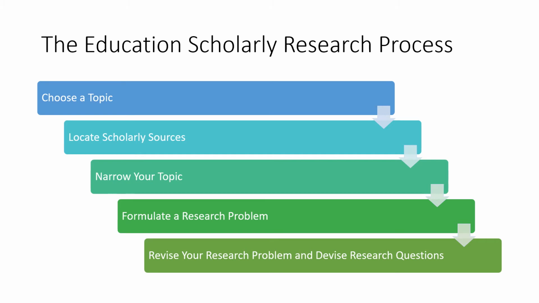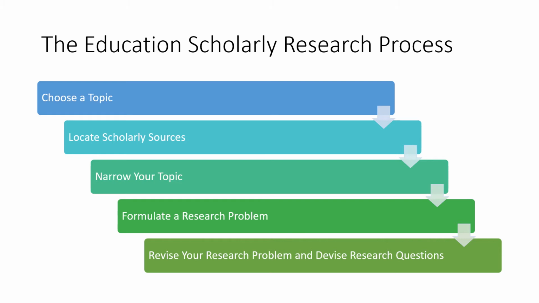Generally speaking, the scholarly research process has to begin with you choosing a topic. You have to have a reason, an interest in something you're doing. In our case, I gave you a request for proposals to serve as a kind of prompt to get you thinking about specific projects that you might adopt, right? And I said choose a topic and go out and read some things about it, right?